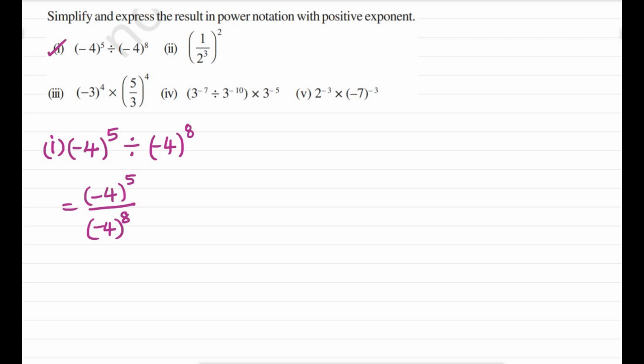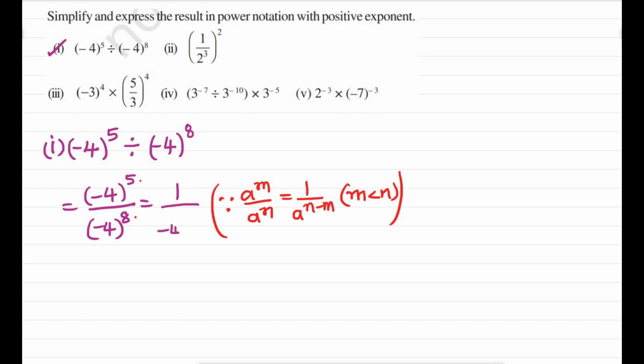This is of the form a to the power of m by a to the power of n, where this is m and this is n. Here m is less than n, so we can write this as 1 by a to the power of n minus m. This is to be used here. So the answer is 1 by minus 4 to the power of 8 minus 5, that can be written as 1 by minus 4 whole power 3. So this is the answer.